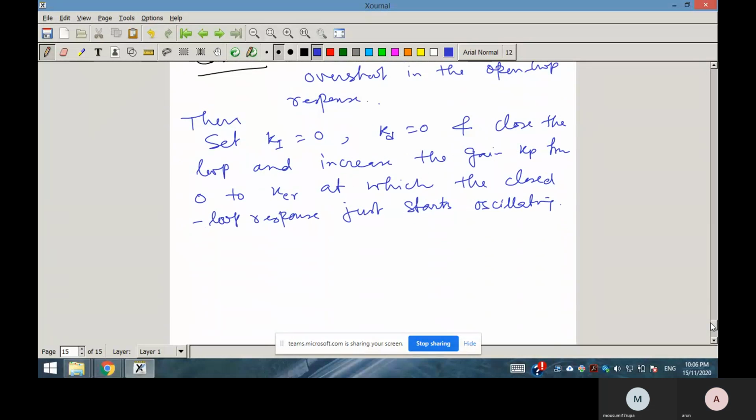Oscillating means sustained oscillation. Let the period of the sustained oscillation be PCR.